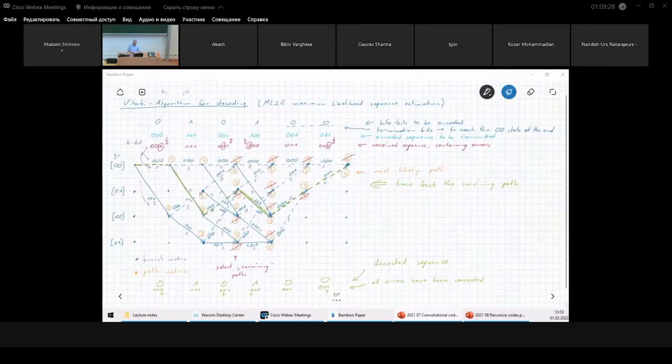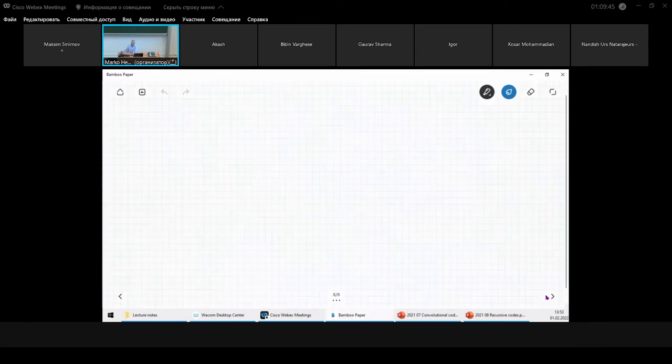Okay, so far for the convolutional codes. Are there questions? Otherwise, we want to start today with the recursive convolutional codes.